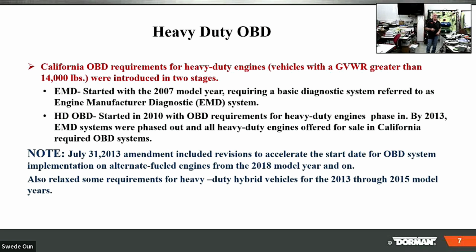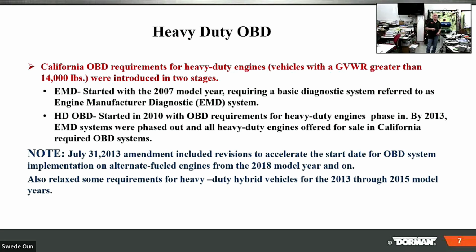California OBD requirements for heavy duty engines apply to vehicles with a gross vehicle weight rating greater than 14,000 pounds. Basically, it started in a couple of stages. You've got the engine manufacturer diagnostics, EMD. That started with the 2007 model year, requiring a basic diagnostic system.